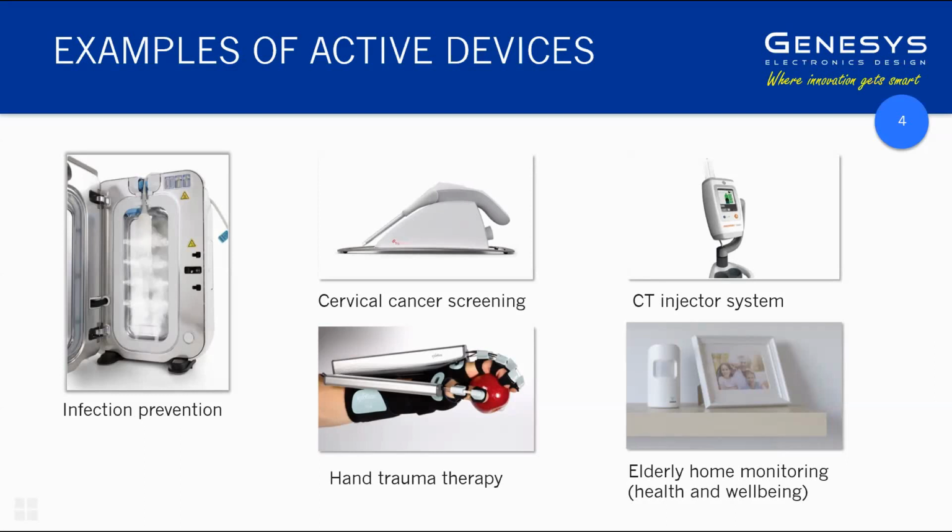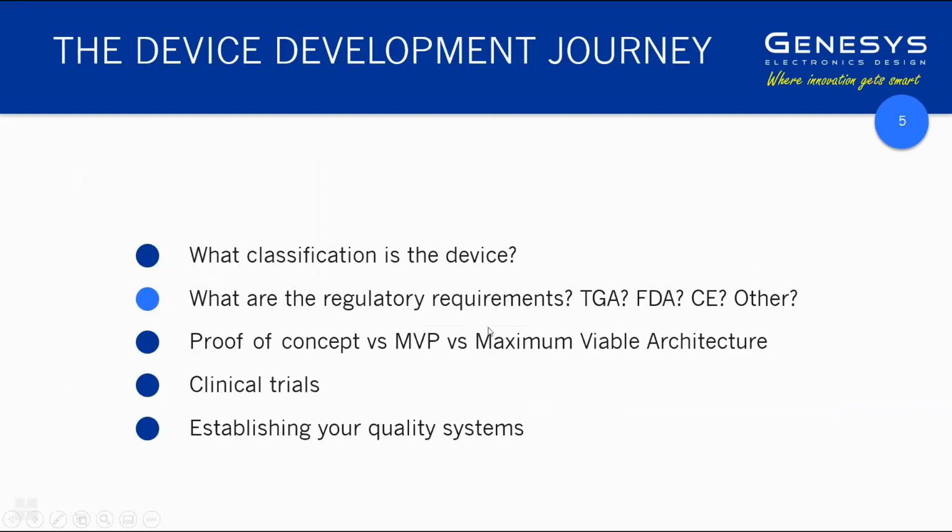So the very self-same product may or may not be a medical device, depending on where it's used and how it's used. Generally speaking, medical devices are those that perform some sort of diagnostic, monitoring, or treatment of medical conditions, which clearly those other ones do.